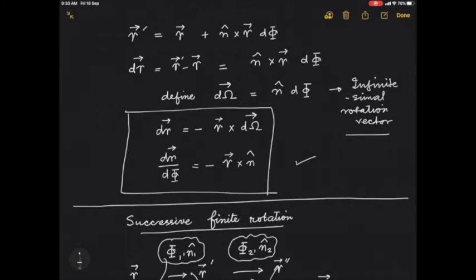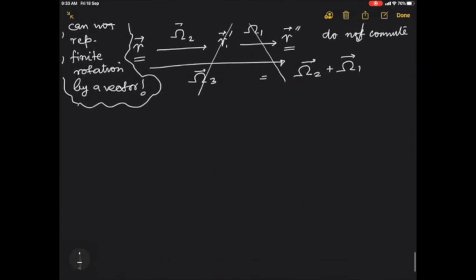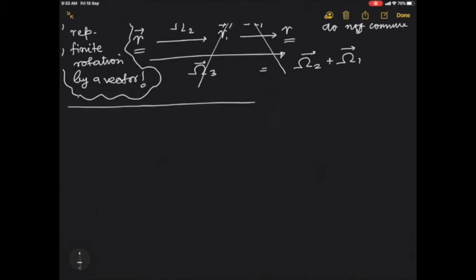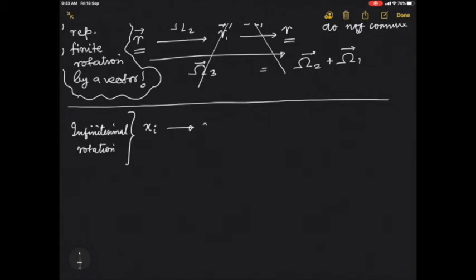But here we see that for an infinitesimal rotation, we have already defined an infinitesimal rotation vector. How can I do that? So let's ask that question. For infinitesimal rotation, what we claim is the following. Say I have a vector, and the components of the vector I call xi.